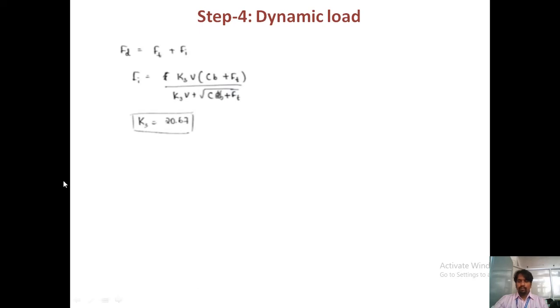Next, the fourth step, the dynamic load. The dynamic load is given by the static load or tangential tooth load acting on the gear plus the load based on the dynamic factor, that is Fi, which is given by K3 into V, the velocity, multiplied by C into b plus Ft, divided by K3 into V plus square root of C into b plus Ft.